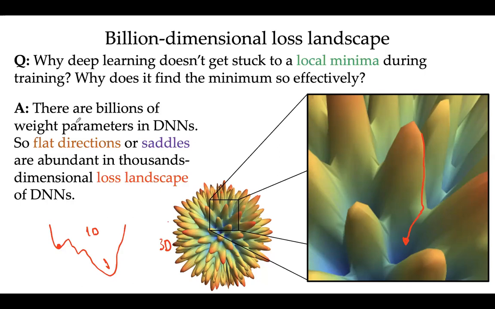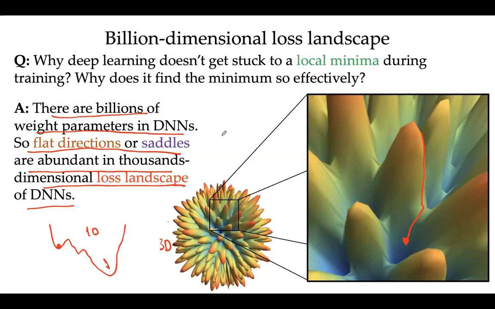You don't get stuck because they're not really wells; there are either saddles or flat directions. There are billions of weight parameters in DNNs, deep neural networks. So flat directions and saddles are abundant in the thousands- or billions-dimensional loss landscape of deep neural networks.